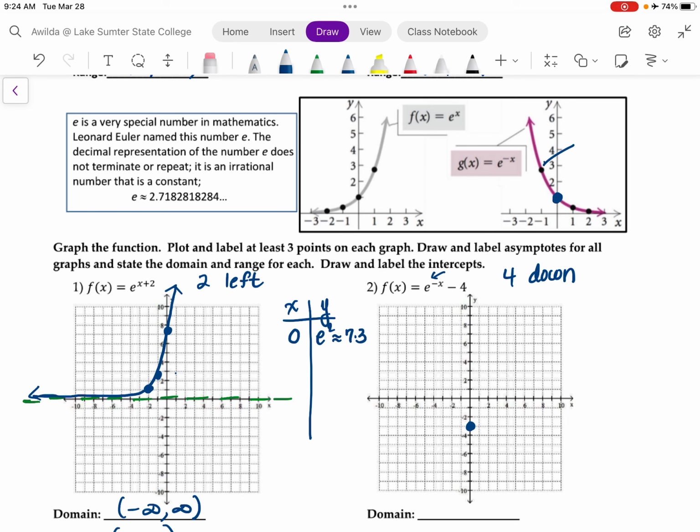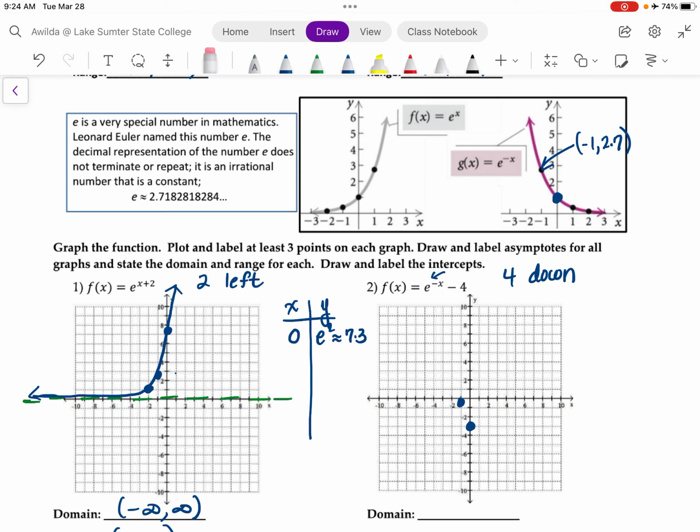Now this point right here was -1, comma, and then that's about 2.71, right? So if that point is going to move 4 units down, I'm just going to start here at -1, comma, about 3.7. That's where it started. I'm going to go down 1, 2, 3, 4 units down. So it's going to land me right about there.